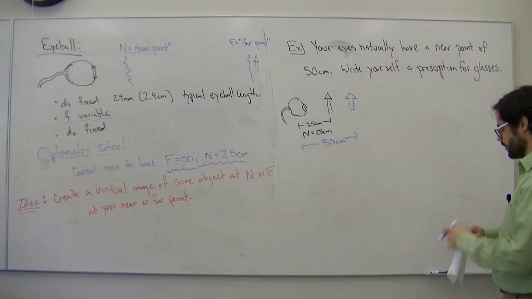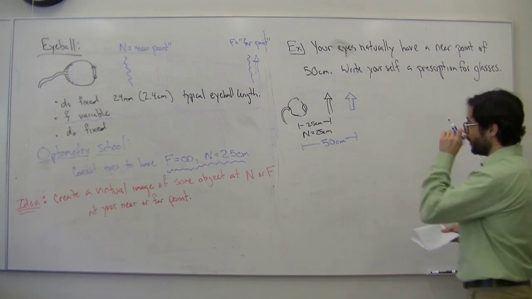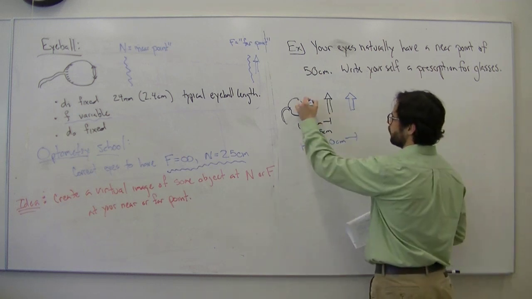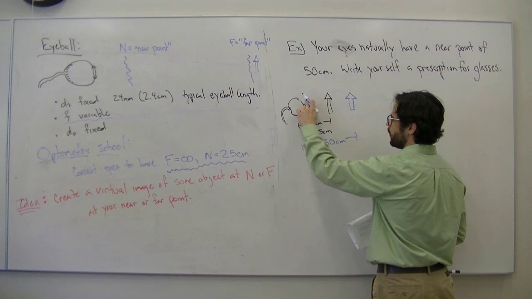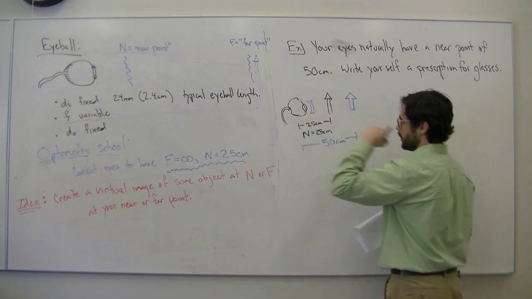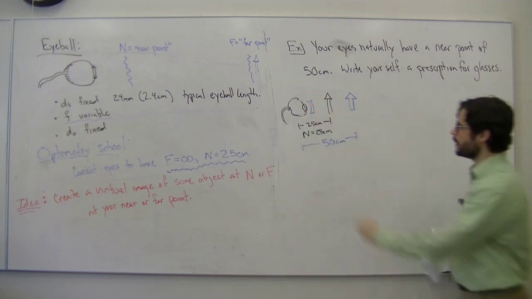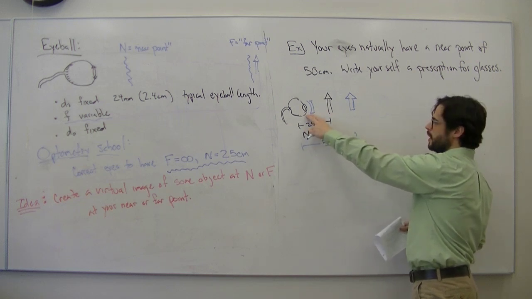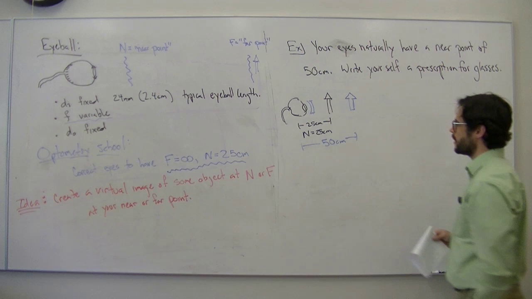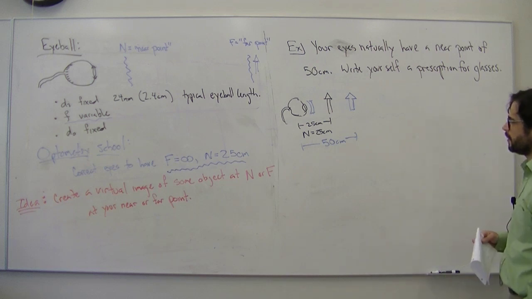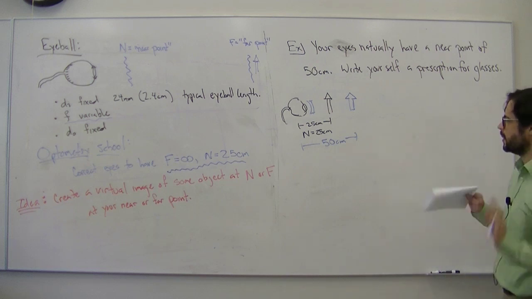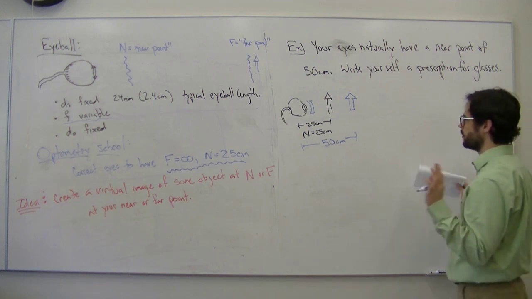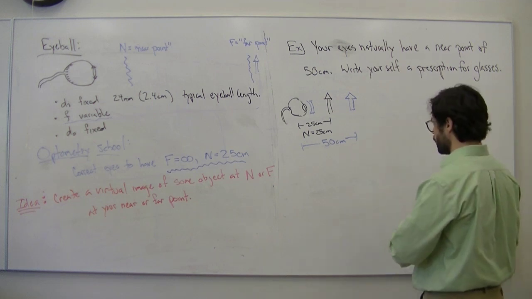I have object distance, I have image distance. Technically, here's the lens itself, and this will be like a meniscus lens. You probably should worry a little bit about the distance between the eyeball and the lens, at least for correcting farsightedness if you have a crappy near point. But we won't do that because I'm just showing off the general idea of corrective lenses.